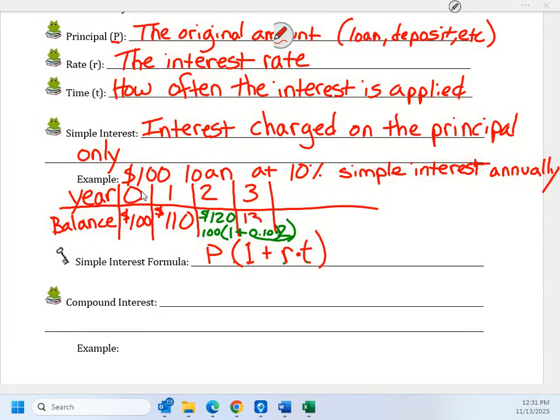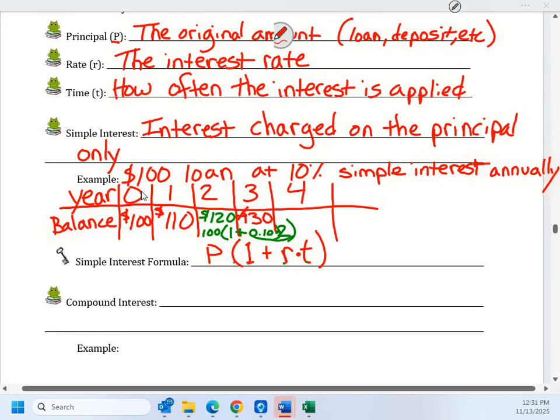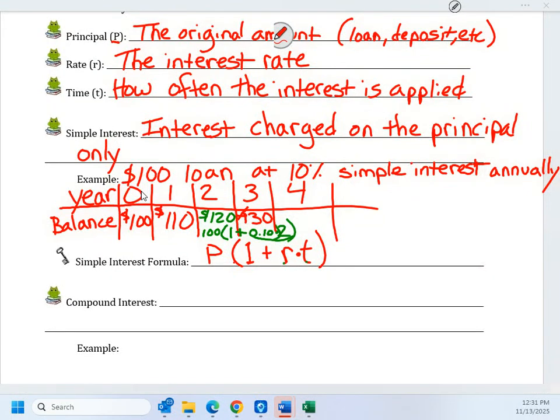So, it's easy to say, ooh, we're using a simple problem, I can follow the pattern. But we do something easier when we're learning it. We truly need to make sure we're getting that when we put it into our calculator. Don't just say, well, I can see the pattern, it's going up by $10 every time, I'm just going to write that. Because it will not be that easy on your homework. So I'm going to give you year 4. Actually, truly work it out on your calculator. Make sure you are doing it correctly.